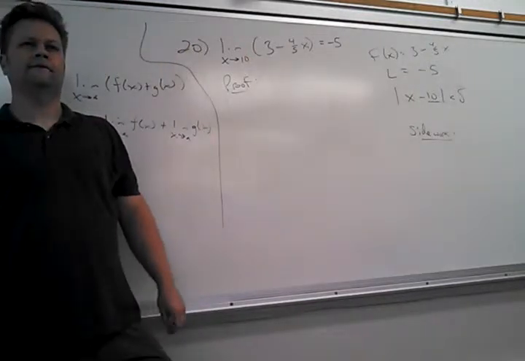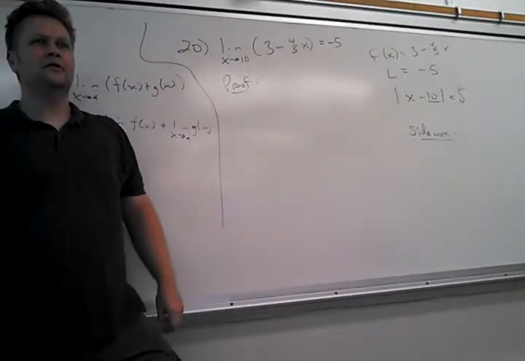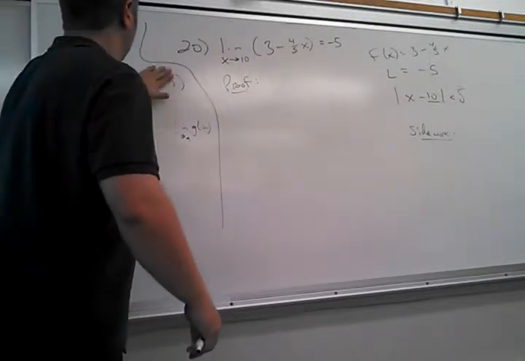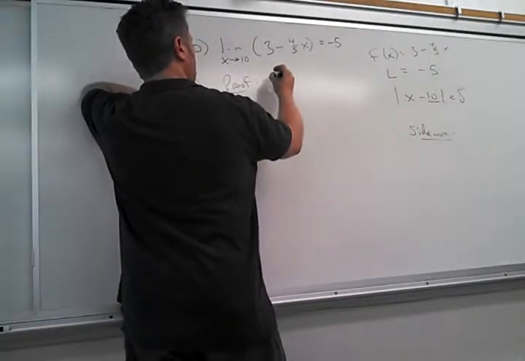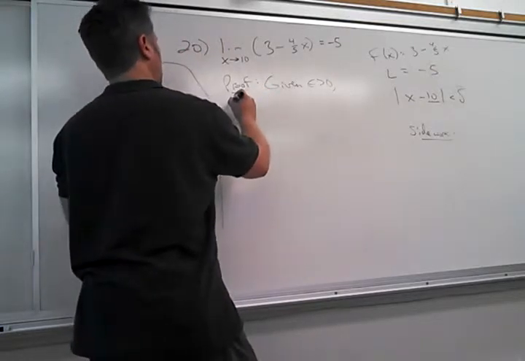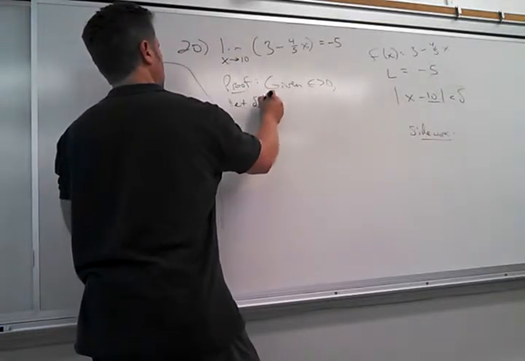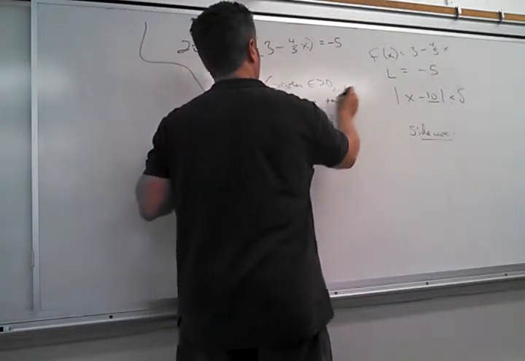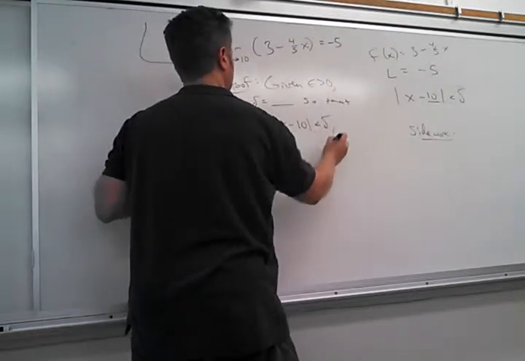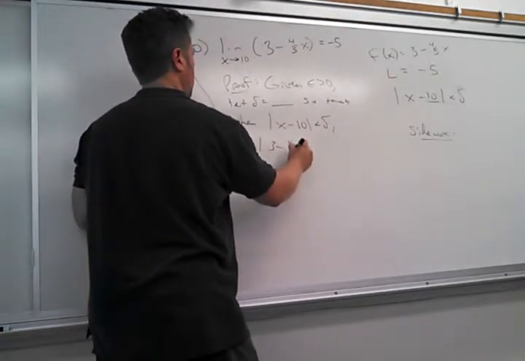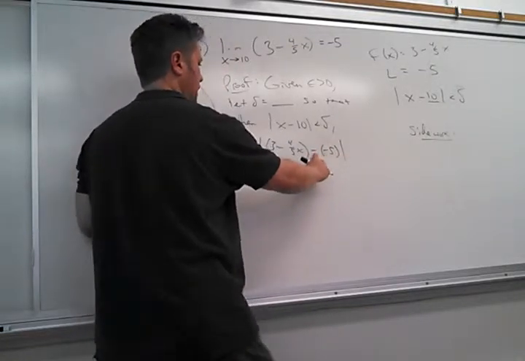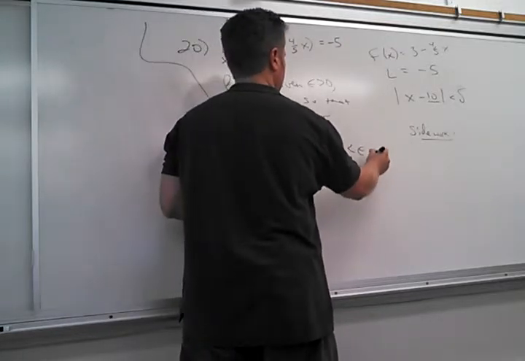The proof would involve: given epsilon greater than 0, let delta equal something so that when the absolute value of x minus 10 is less than delta, then 3 minus 4/5 x minus negative 5, that is, minus L, is less than epsilon.